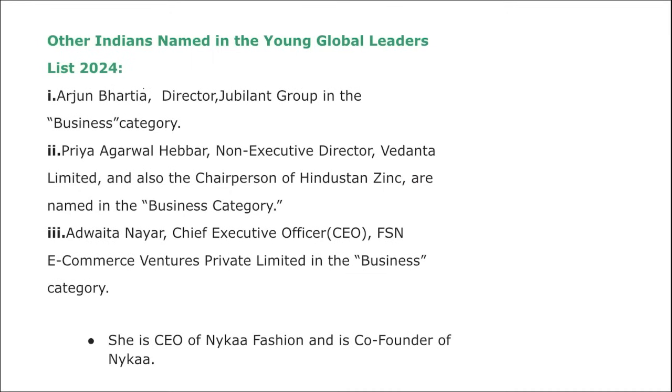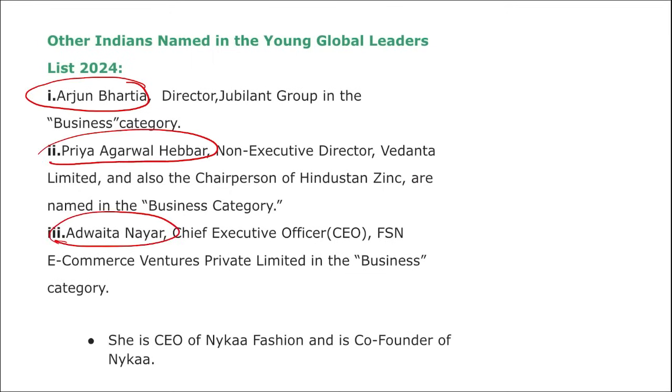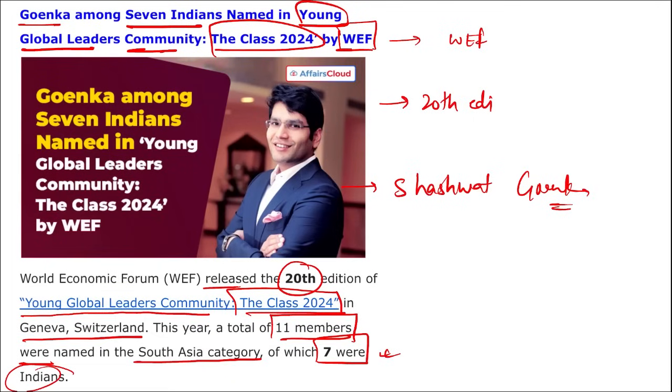Apart from this, we see Arjun Bhartiya, Priya Agarwal Hebar, Advatiya Nayyar, correct? Then Sharad Vivek Sagar, Bhumi Padnekar, who is an actress, Richa Bajpayee, correct? So these are the 7 individuals who were named in the class of 2024 by WEF in their Young Global Leaders Community. And a total of 11 members were named here, out of which 7 were from India.